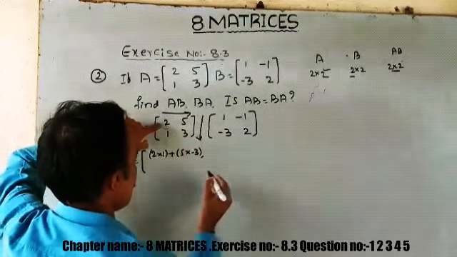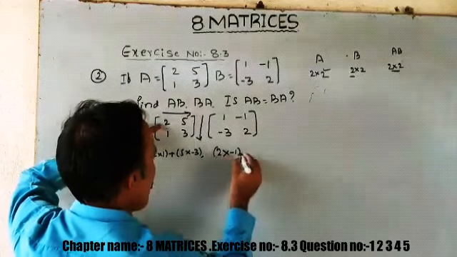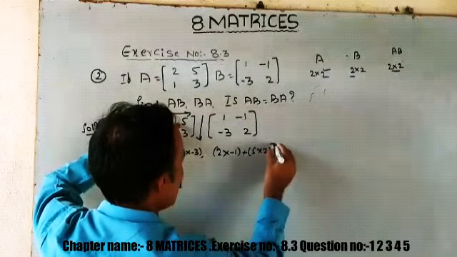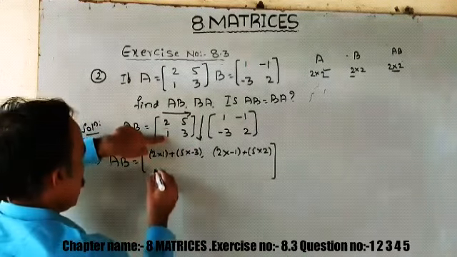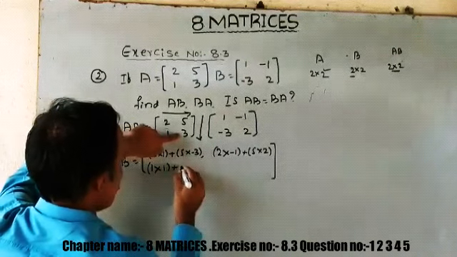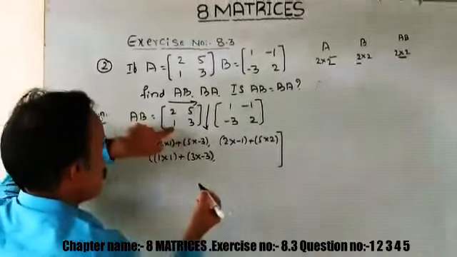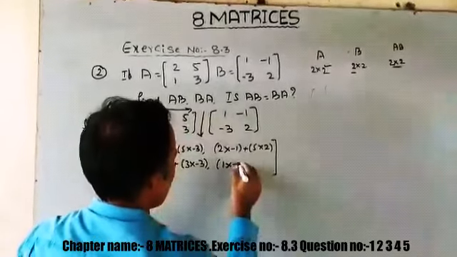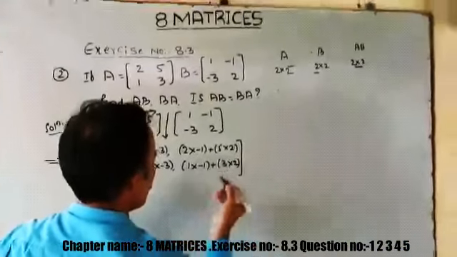Now the same row: 2 into, now change the column, minus 1, plus 5 into 2. Next, consider the second row element, 1, same column, 1, plus 3 into minus 3, comma. Next, same row, 1, change the column, minus 1 plus 3 into 2.